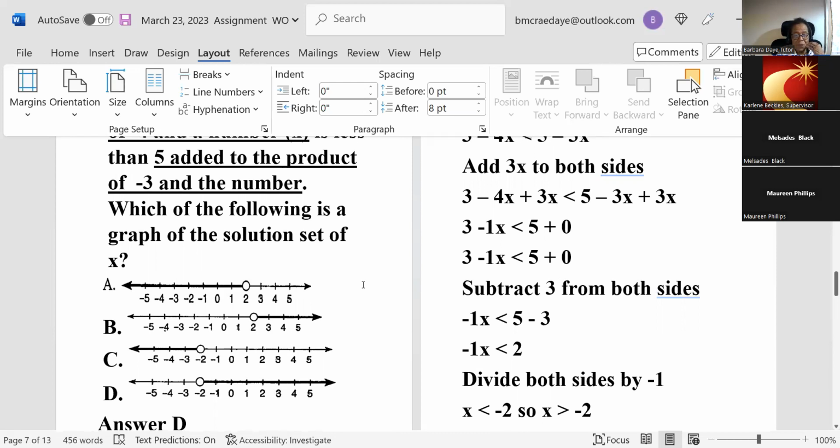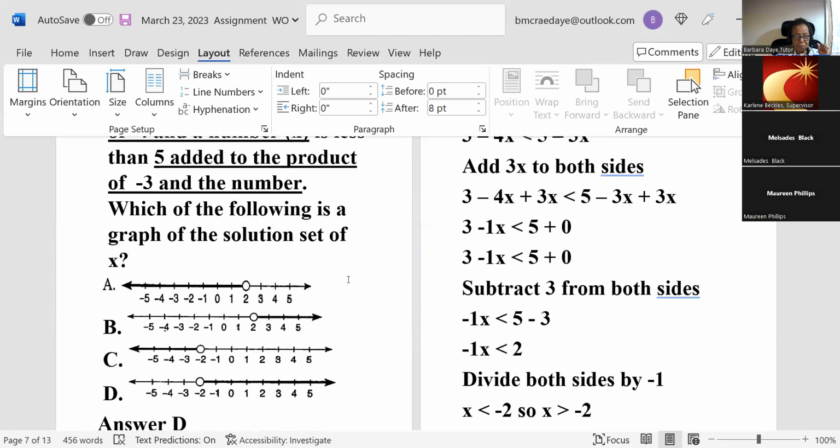When the dot on the line, or if you want to call it a circle on the line, is open, that's a greater than or it's a less than. If it's shaded, it's greater than or equal or less than or equal. Got it?